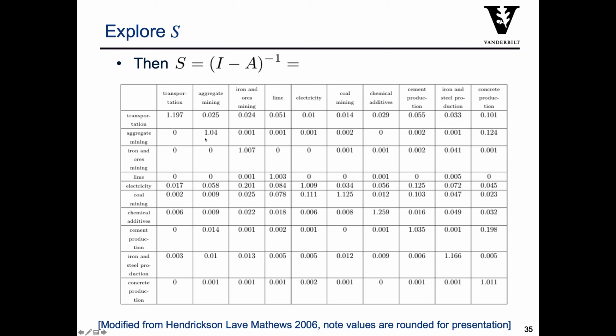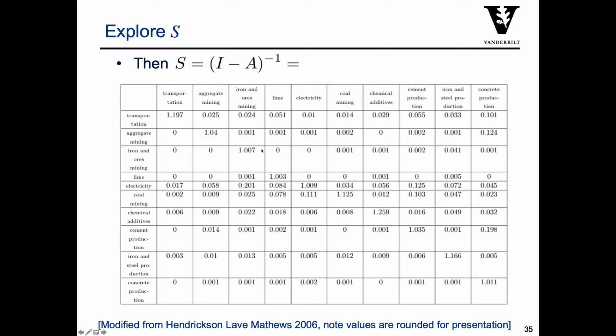You can see that $1 of spending in the transportation sector generates quite a bit more than $1 of activity from the transportation sector, not quite as much activity for the same dollar spent in the aggregate mining sector. And if you spend $1 in the iron and ores mining sector, it actually generates even less total economic activity in the iron and ores mining sector.